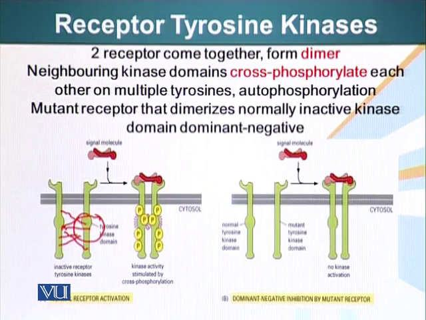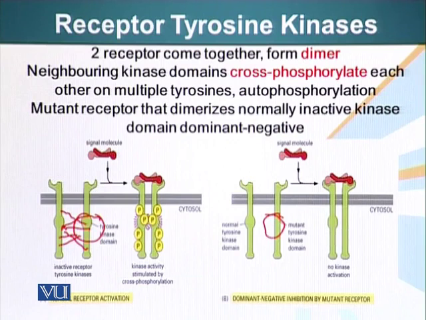A simple experiment people have done is that in a cell they have a normal receptor and they add a mutant receptor to the cell. This mutant receptor does not have the kinase domain, the domain which has the enzymatic activity. So if these mutant receptors are in abundance, they pair up with the normal receptors.